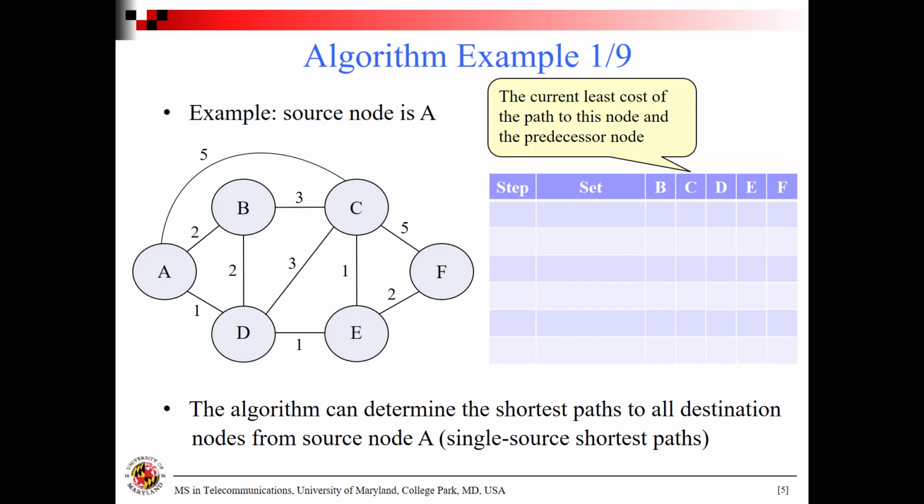And the cost of a particular link or a particular edge is located on each and every edge in the network, and you could see they are all non-negative.